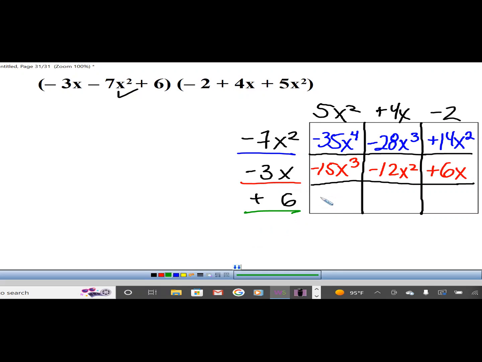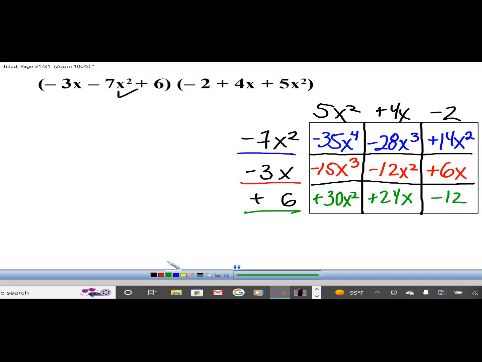What did you write here? Help them out. Isabella Gradillas. What do I write here? Positive 30x squared. Positive 24x. Negative 12. Hands if you got up to right there.